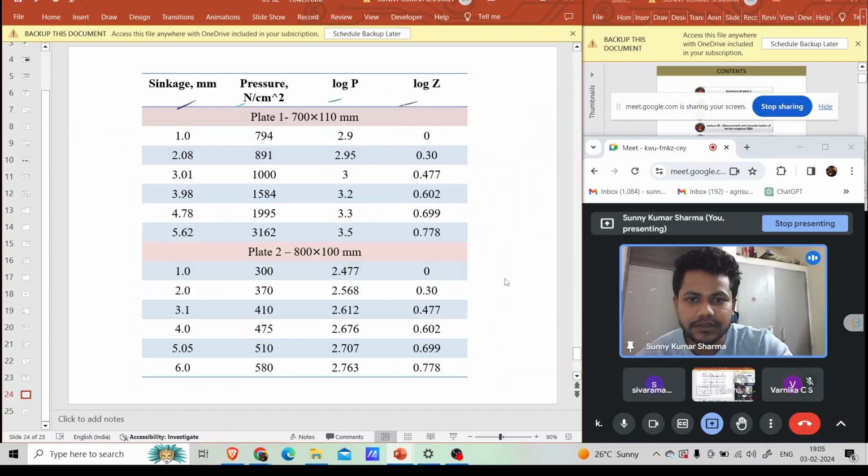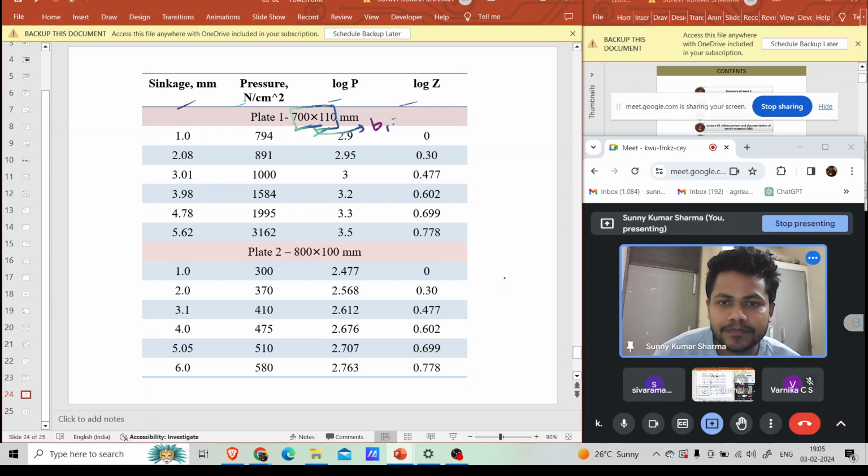So the plates' dimension is 800 into 100. Suppose this is 800, this is 100. This is a rectangular plate of length 800 and width 100.